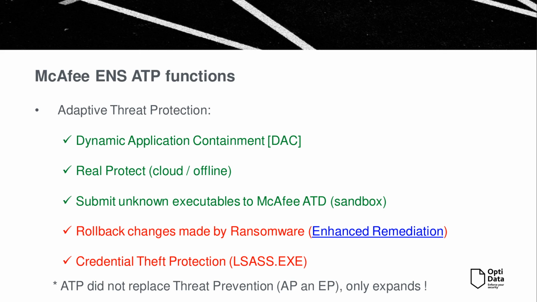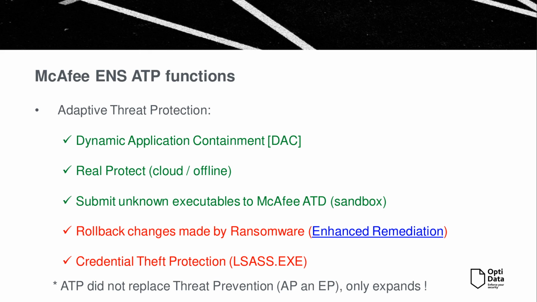Next one, if you have McAfee Advanced Threat Defense or McAfee ATD Sandbox deployed in your environment, without the ATP module you cannot get submission of unknown executables to the Sandbox. So ATP also gives you the possibility to send executables with unknown reputation to McAfee ATD Sandbox.